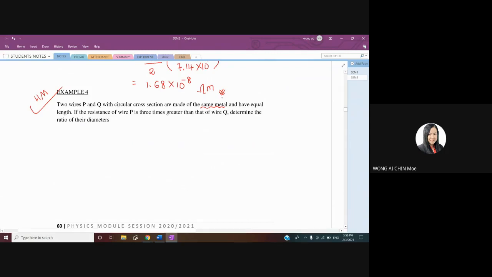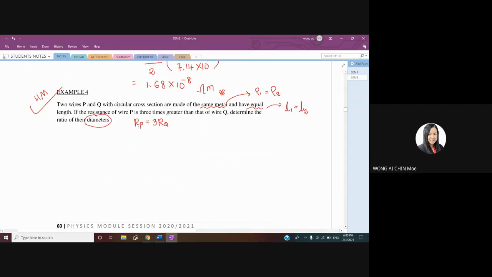Same metal means that the resistivity rho 1 equals rho 2, and they have equal length, so L1 equals L2. If the resistance of P is 3 times the resistance of Q, determine the ratio of their diameters.